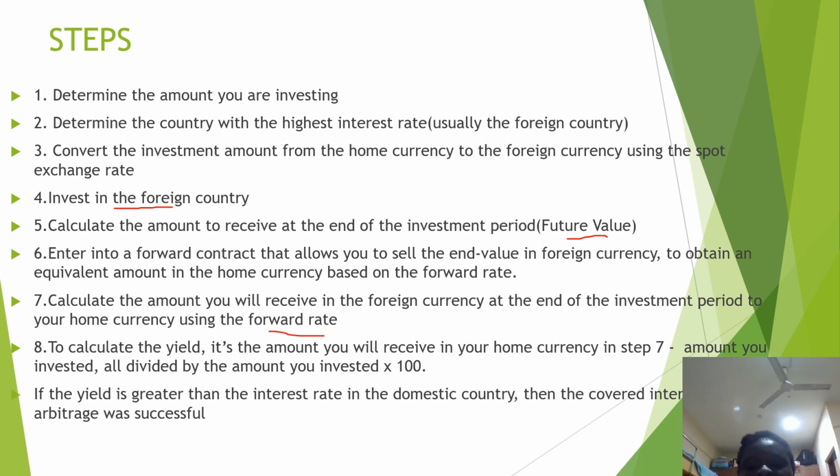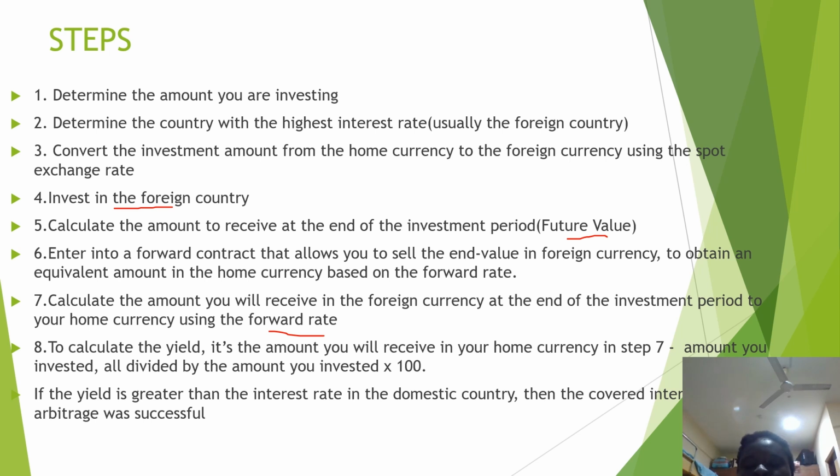Now if you want to get your yield, it's just percentage work, right? It's just a percentage formula where you find your new amount. So in 1 year's time, the money you get in Ghana cedis after changing it, you subtract what you invested today, and then you divide and multiply by 100, and then you get your value.